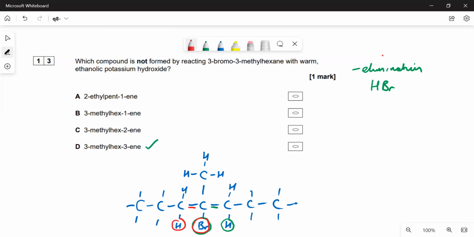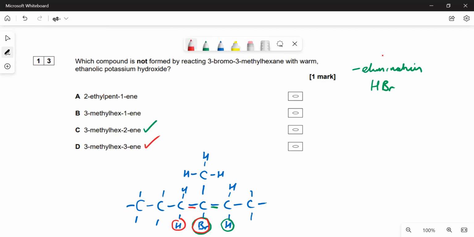Yeah, I've drawn too many. That shouldn't be there. Okay. So that green one, sorry, the green one is 3-methyl hex-2-ene. Yeah, so we get that one. The red one would be 3-methyl hex-3-ene. You get that one there.